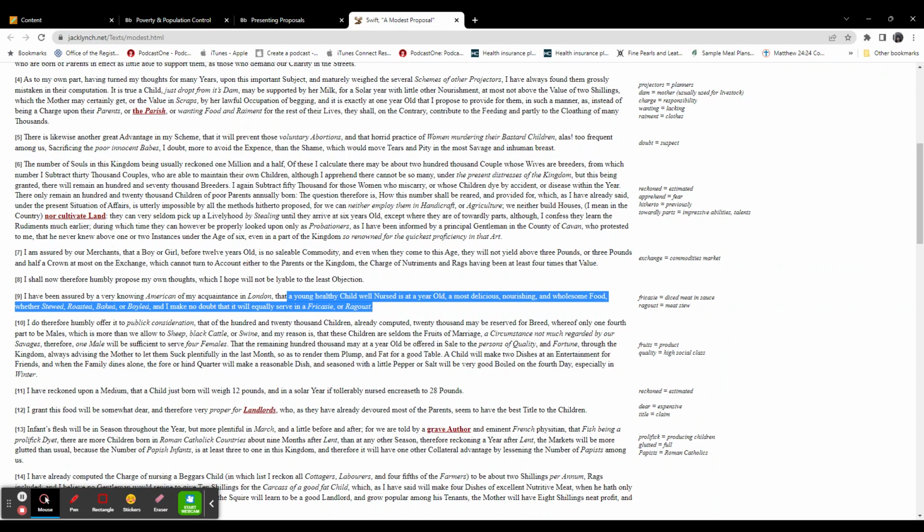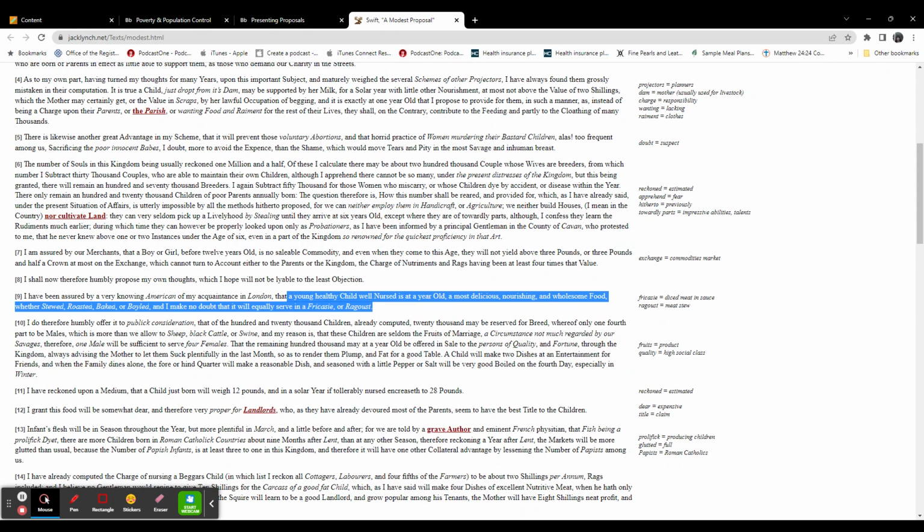So a young, healthy child, well nursed, is at a year old. So we're not taking them at 12 years old or right before 12, but at a year old: delicious, nourishing, wholesome, stewed, roasted, baked, boiled, fricassee, or ragu. So that baby is at a very tender age.